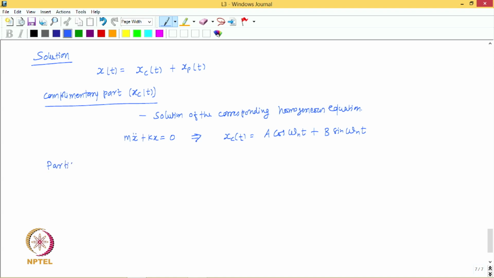Now we find the particular part of the solution. This particular part of the solution is nothing but a particular solution of the inhomogeneous equation. In our case it was m x double dot plus kx equal to f of t, and f of t is the harmonic force f naught cos omega t, and hence we have this equation.